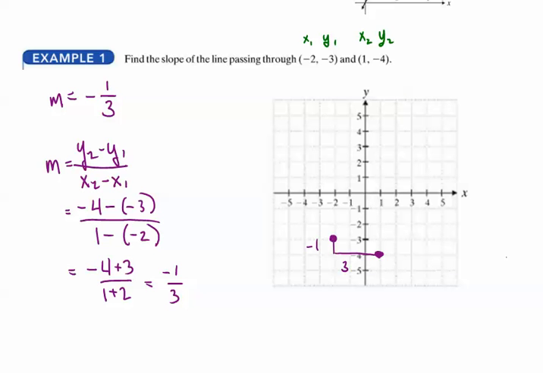Otherwise, you could calculate the slope incorrectly. All right, so there we have it. If we're given a graph with 2 points on it, we can count up or down and to the right. We always start from the left and move to the right when we're calculating slopes. If we go up, it's positive, or down is negative.